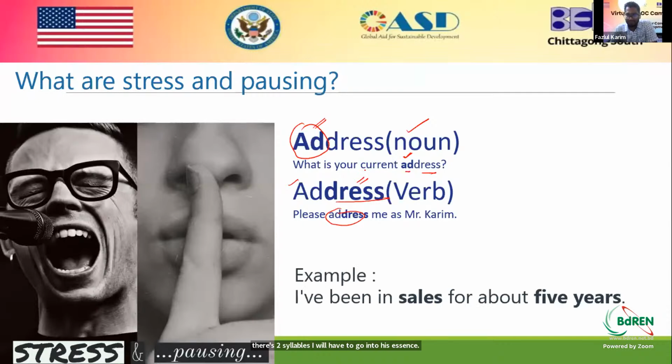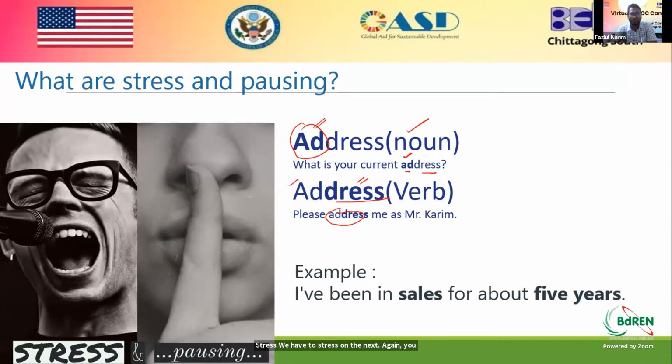Again, we also have to stress single syllables, especially in the case of the key information of a sentence. For example: I have been in sales for about 5 years. These are single syllables, but you have to give the stress to sales, about, 5, and years. So in this sentence, these are the key information.